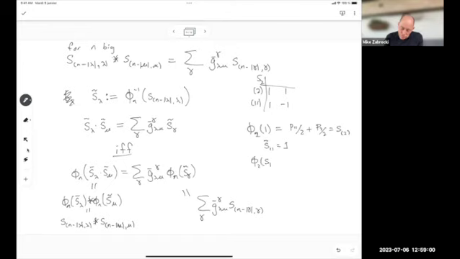Phi2 of S1 is equal to 2 times P11 over 2 plus 0 times P2 over 2, which is equal to S2 plus S11. But I want it to just be S11. So I'm going to take Phi2 of S1 minus 1.